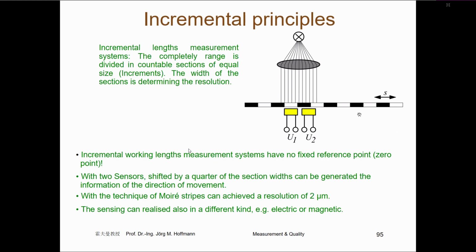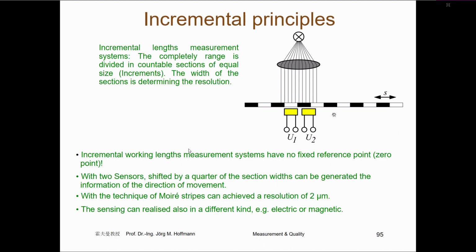That means when you measure with the incremental principle, you have to define at first your 0 point. So that you say, when I switch the machine on, I go to this side, set the counter on 0, you set the counter reset, and then you can add and subtract so that you have every time the right point.